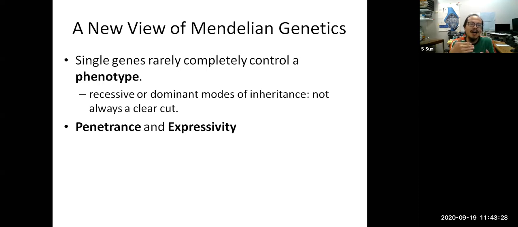Expressivity is how severe it is. For example, we see the tall allele, but how far it makes this person tall. It could be middle tall, it could be a little bit taller, or it could be not tall at all. So that's the expressivity.